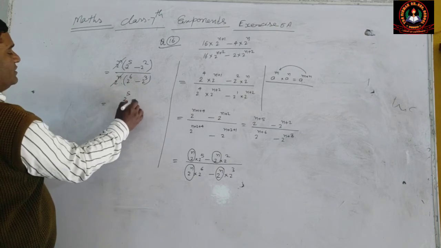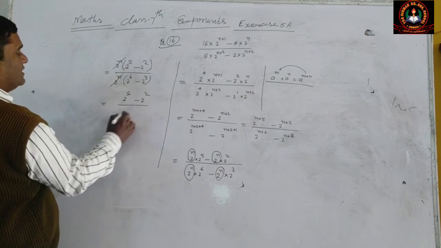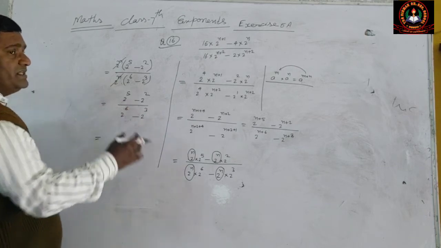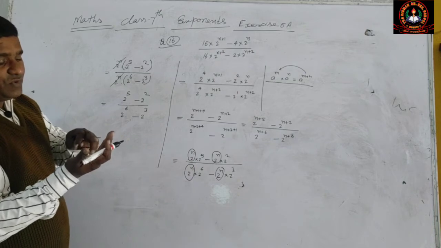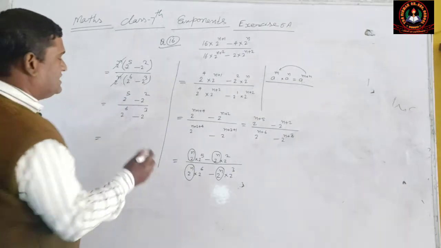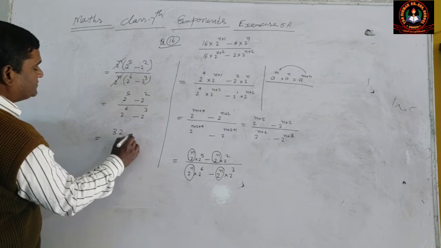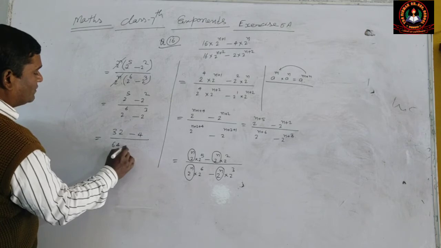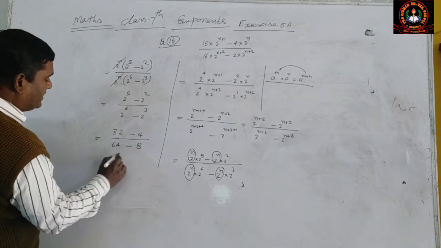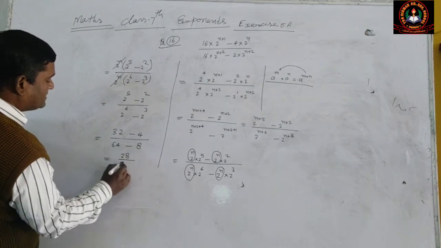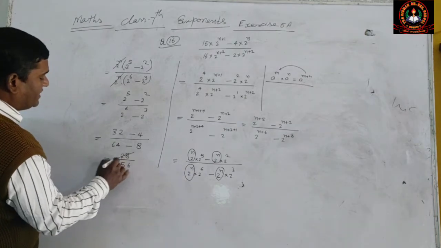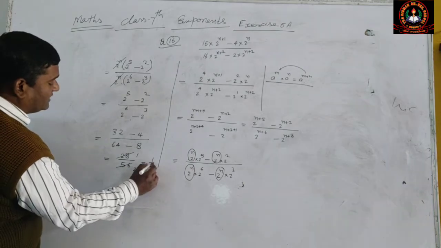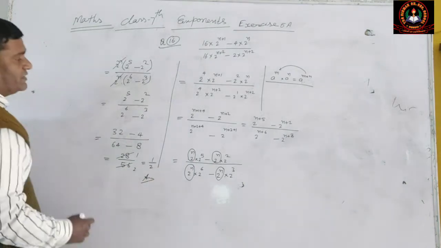What we have is (2 to the power 5 minus 2 square) upon (2 to the power 6 minus 2 cube). 2 to the power 5 means 2 into 2 into 2 into 2 into 2, 5 times, which gives 32. So 32 minus 4 upon 64 minus 8, which is 28 upon 56. Simplified, the answer is 1 by 2, and that is the answer.